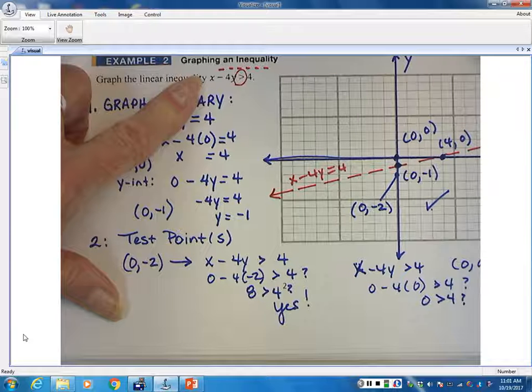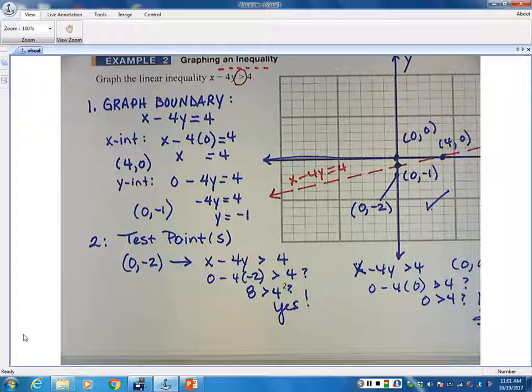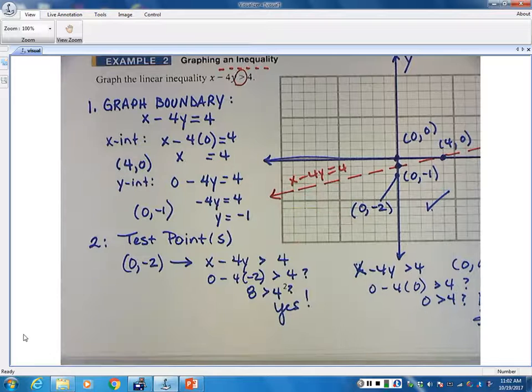And the answer is no. So that's no shading. Okay? That means that my shaded area needs to include the one that I answered yes to, which is this point. So that means I'll shade on this side.